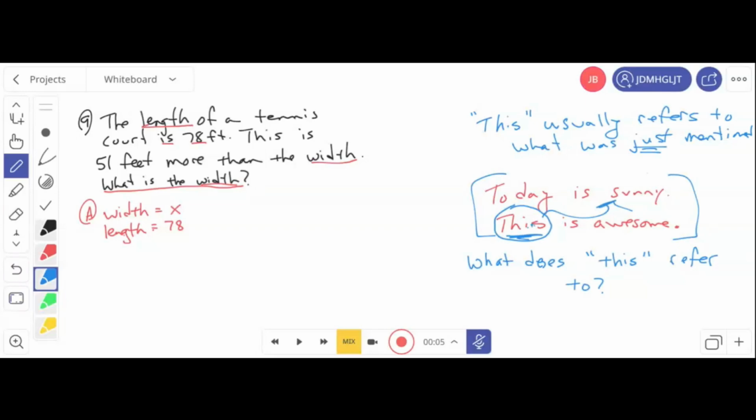The word this usually refers to what was just talked about in the sentence before. So, we've identified our width, we've identified our length. Next, we find the equation sentence.